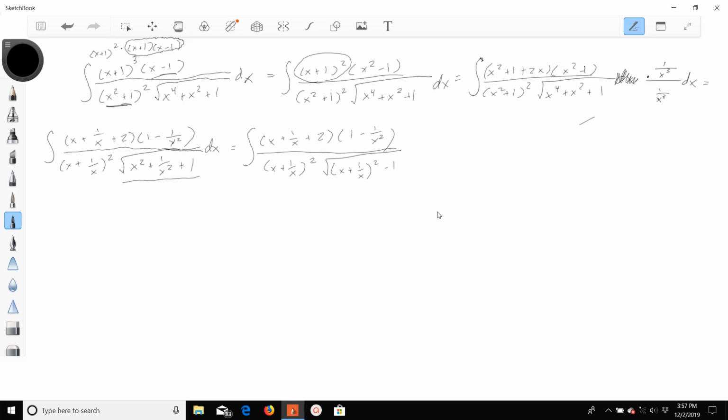But now look, if you differentiate x plus 1 over x, you get 1 minus 1 over x squared.